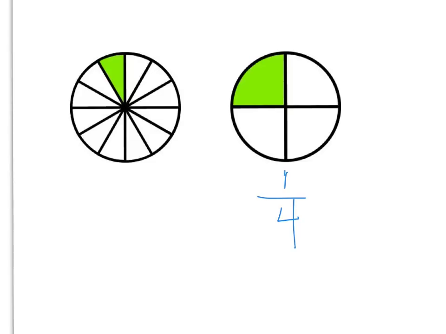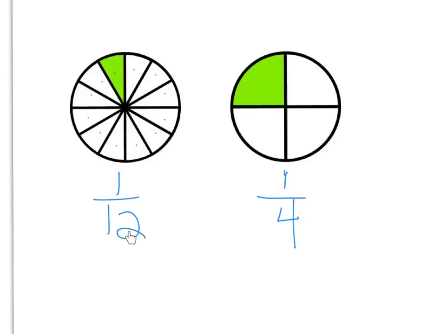This picture represents 1, 2, 3, 4, 5, 6, 7, 8, 9, 10, 11, 12. 1/12. I would like to say that 1/12 is larger than 1/4, but look at my pictures. 1/12 is clearly smaller than 1/4.